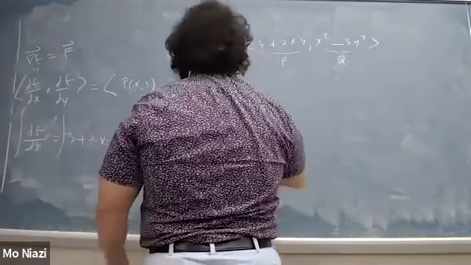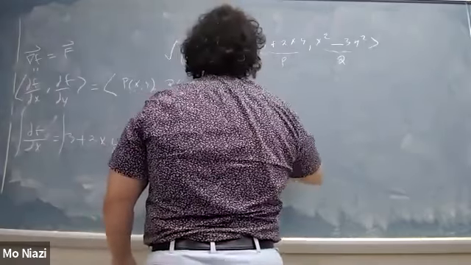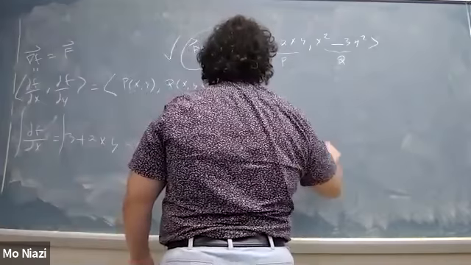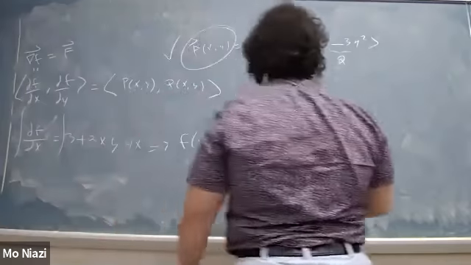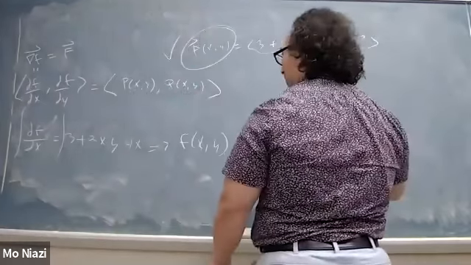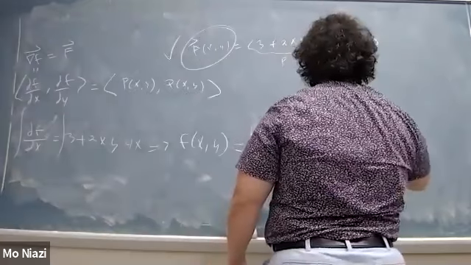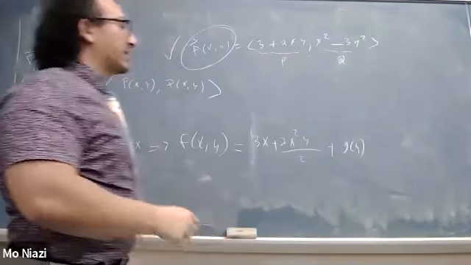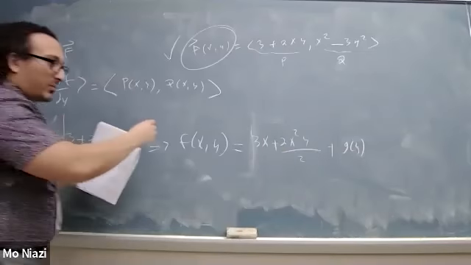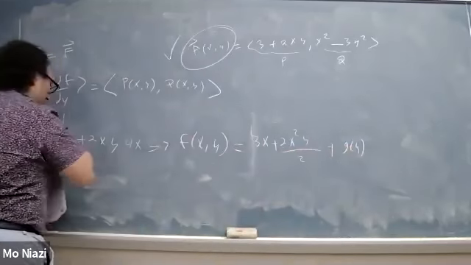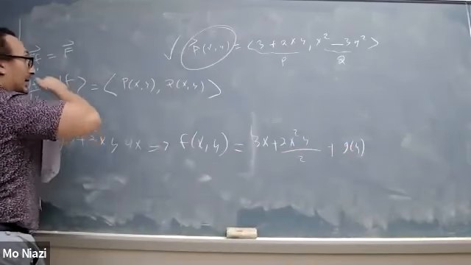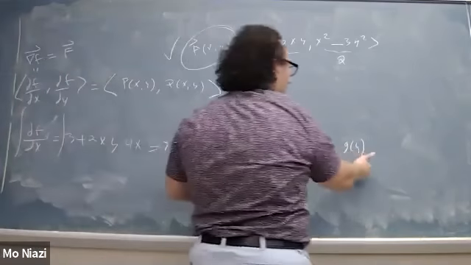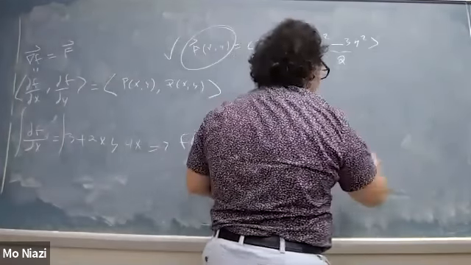But what does that end up becoming? That's just (3x + 2x²y)/2, plus some g(y). This is a function of y. It exists because when we took the derivative of both sides here, we got here. And we could have had any kind of function of y, because once we took the derivative of it, it would have gone away.